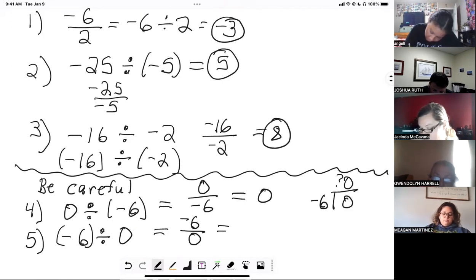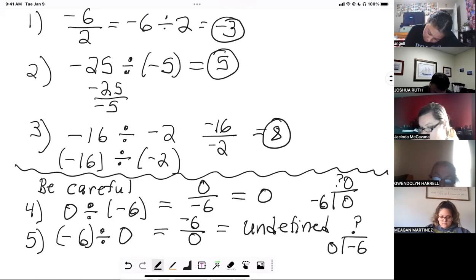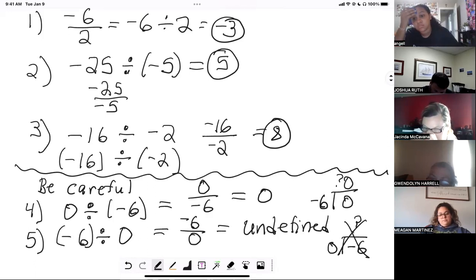If you remember correctly, this is undefined. You cannot divide by 0. And that's because if I have -6 divided by 0, what number times 0 is going to be -6? Nothing, right? So it's impossible. It's undefined. And as you go up in algebra, it's actually really quite cool.